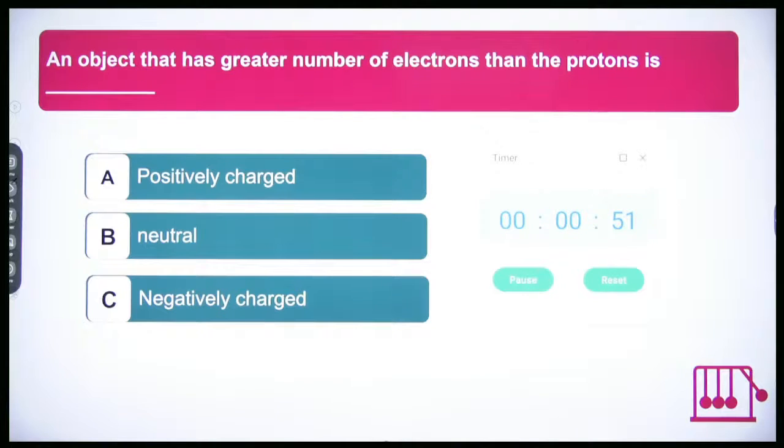It has more electrons than protons. So you have to remember the charge of electrons and the charge of protons, then add them and decide.